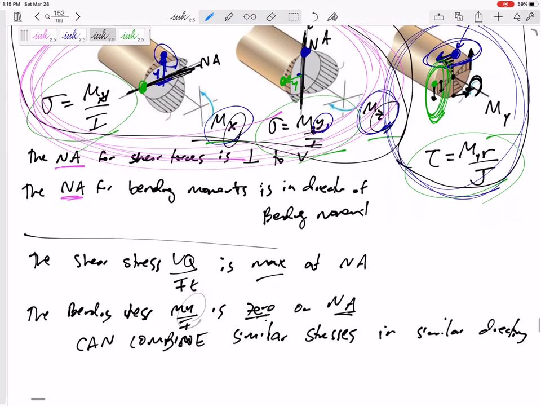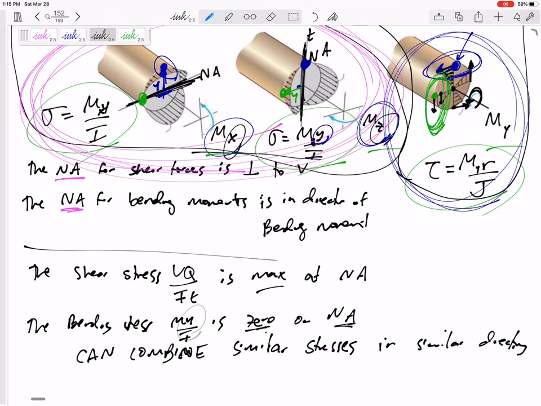Because that y is the distance from the neutral axis to the point, and if there's no distance from the neutral axis to the point, then that y value is 0. And so you see how some of these bending and shear stresses are opposite each other. The neutral axes are opposite each other, and also the value on the neutral axis is kind of opposite each other. So anyway, those 4 statements I think are important to remember.